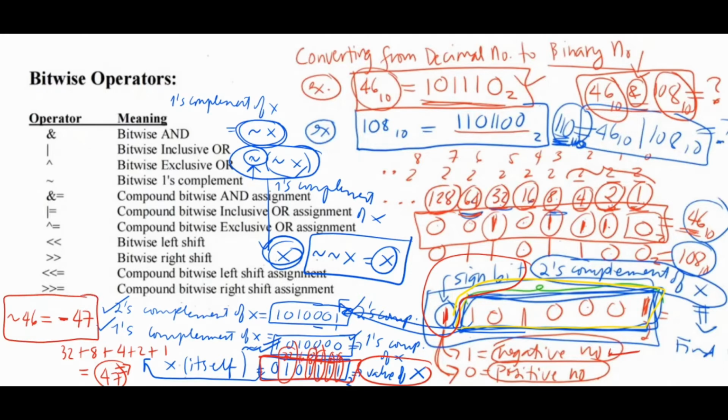So that is the value of not 46, or applying the bitwise 1's complement on the value 46. So again, the bitwise 1's complement of 46 is equal to negative 47. It is negative because the sign bit here is 1. And this value here is the 2's complement of 47.